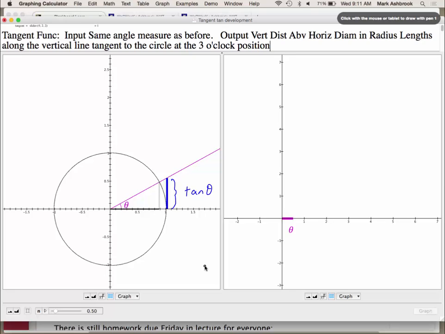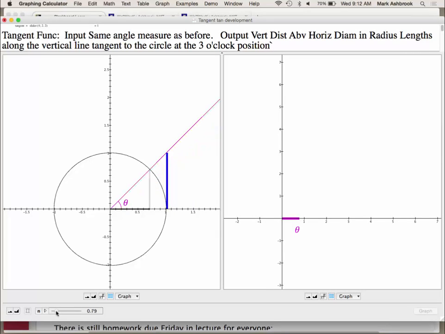As theta changes from 0 to pi over 2, what does tangent theta do? What does it start at? 0? Does it increase or decrease? Okay, it increases. A lot or a little? A lot. How much does it increase?